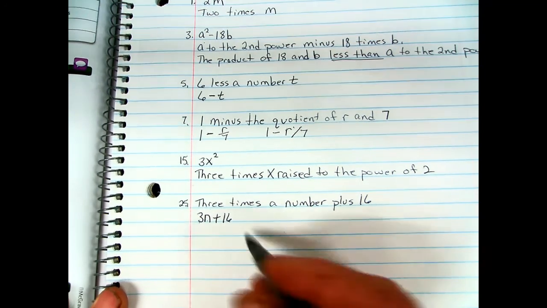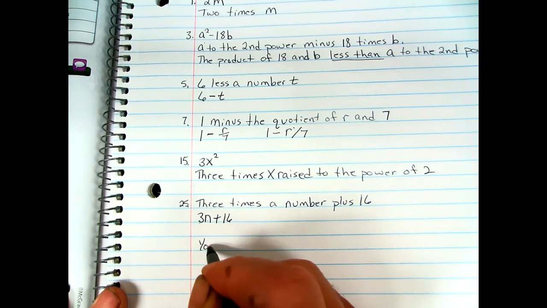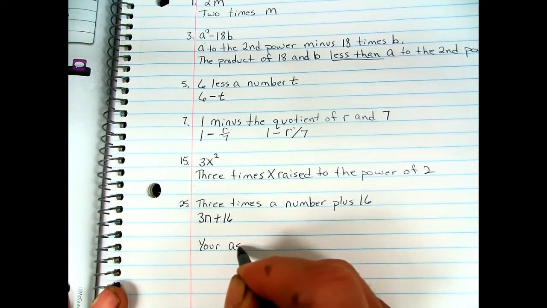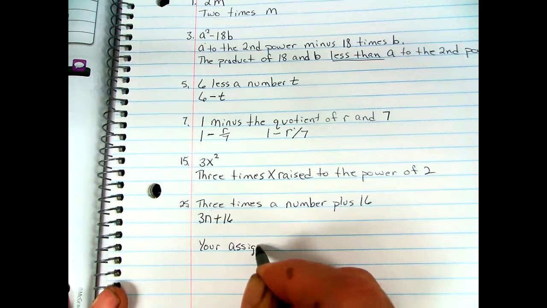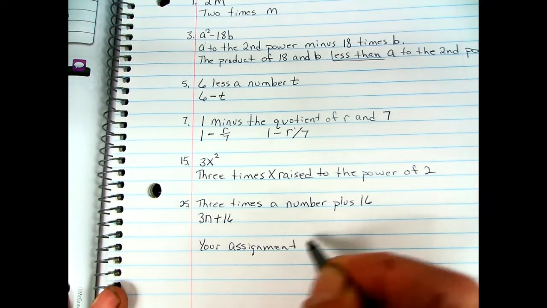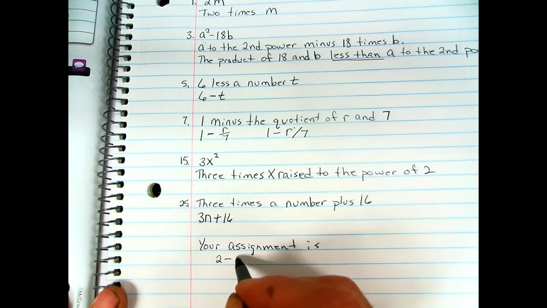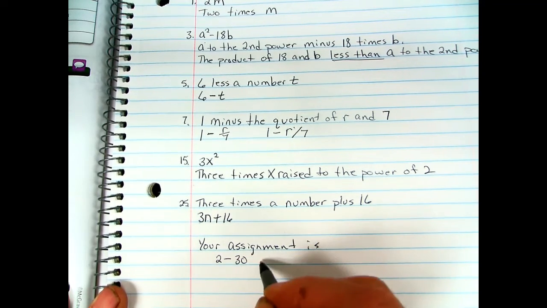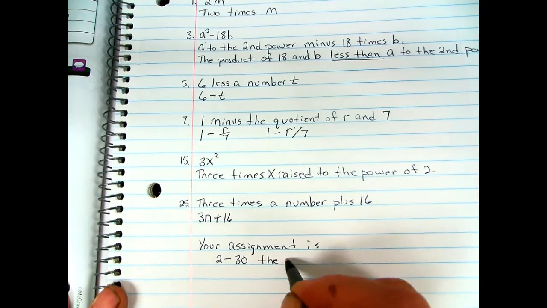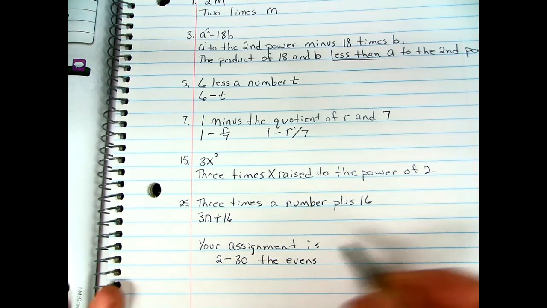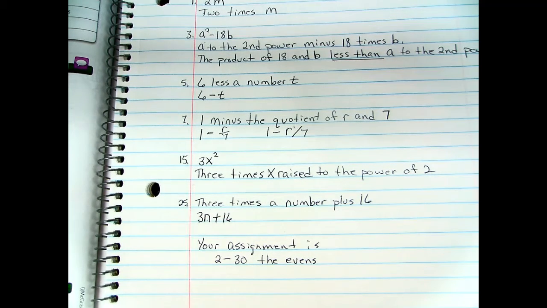And what I would like you to do, your assignment, is 2 through 30, the evens. So 2, 4, 6, 8, 10, 12, 14, 16, 18, 20, 22, 24, 26, 28, 30.